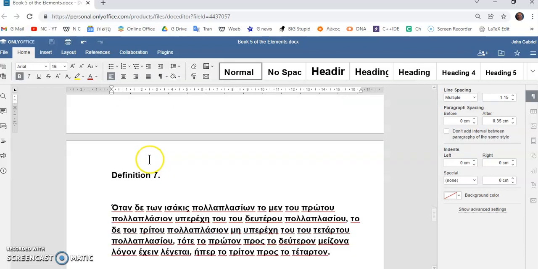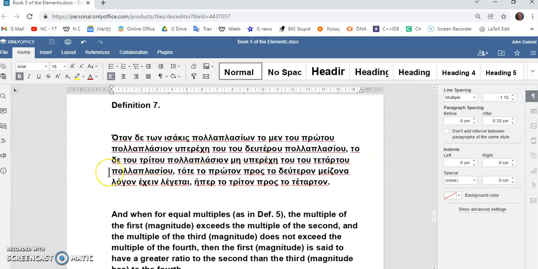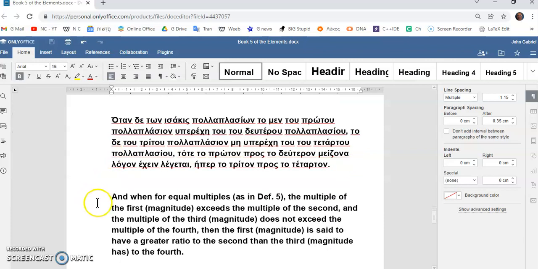And so you'll see that in definition 7, we're told about equal multiples. In other words, we have two ratios of magnitudes where in the one ratio, the antecedent is a multiple of the consequent, and in the other ratio, the consequent is a multiple of the antecedent, okay?